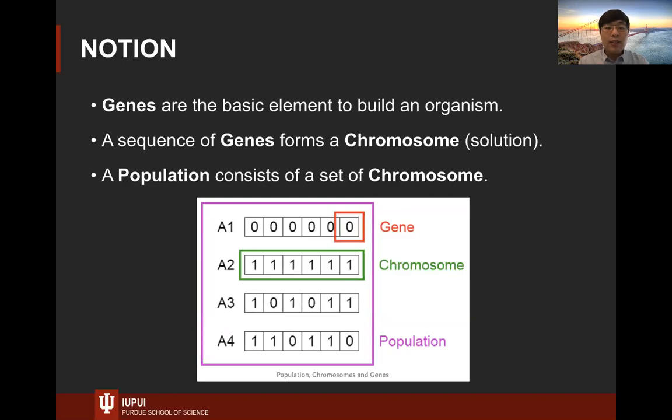A population consists of a set of chromosomes. This figure represents the relationship between genes, chromosome, and population. You can see a gene is only one element, a chromosome is a string of genes, and several chromosomes consist of this population.